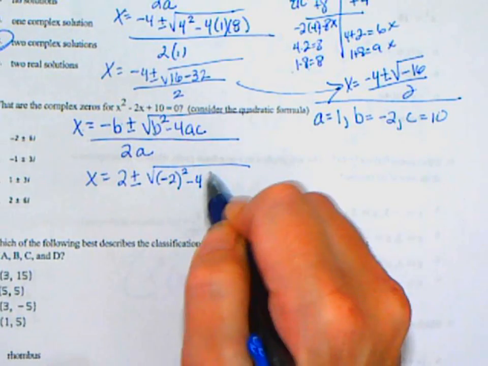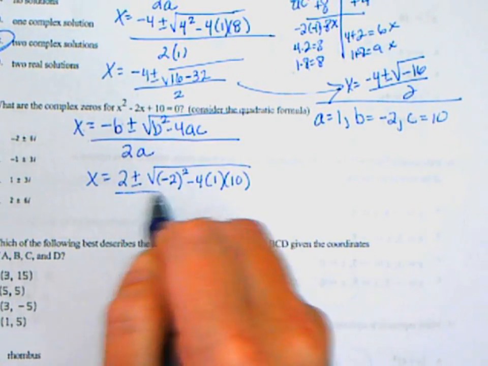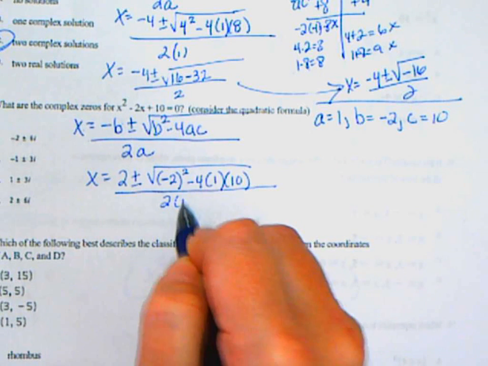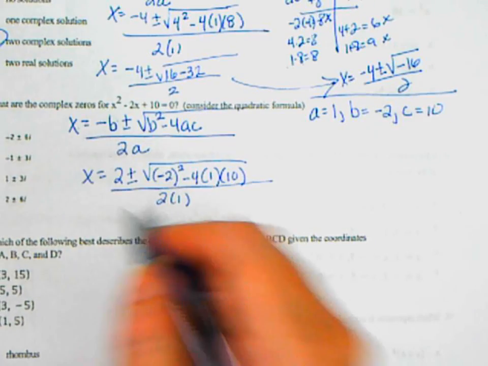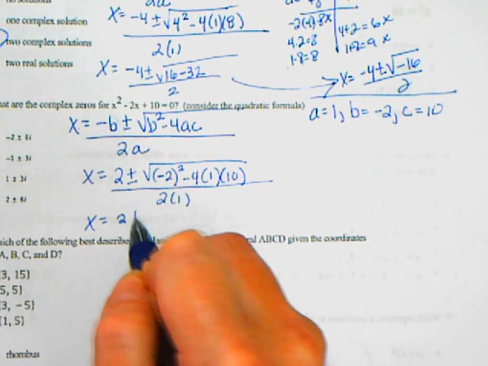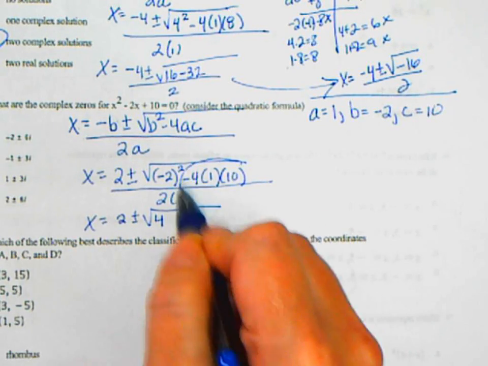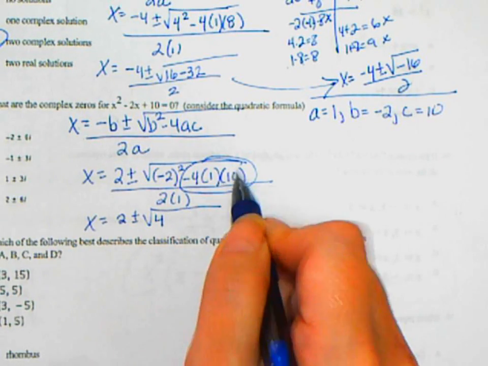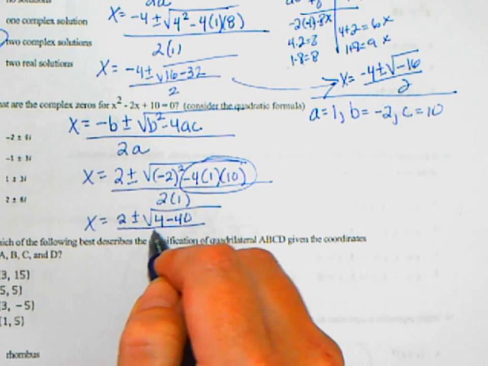Minus 4 times 1 times 10, all over 2 times 1. So we have x equals 2 plus or minus, -2 quantity squared is 4. And then -4 times 1 times 10 is negative 40, right? All over 2.